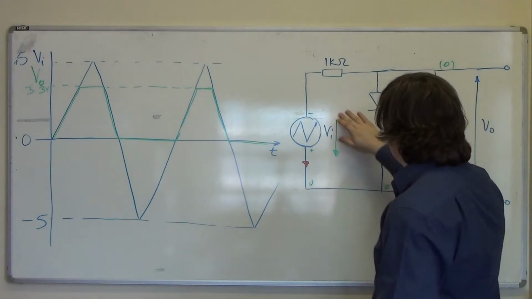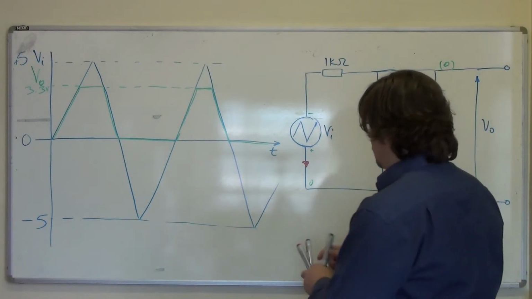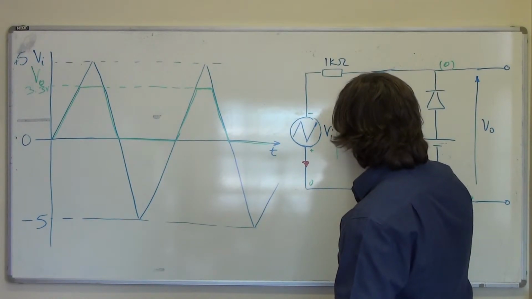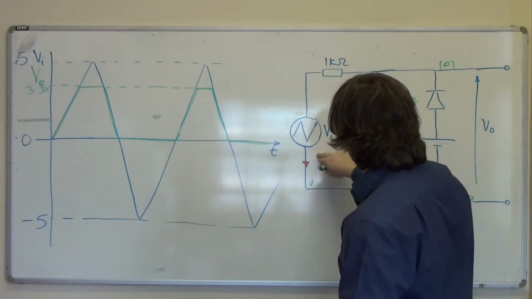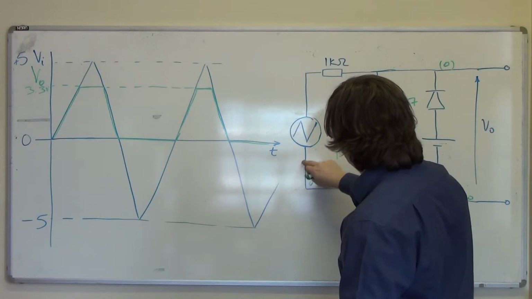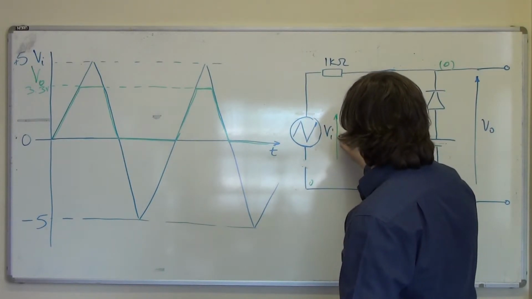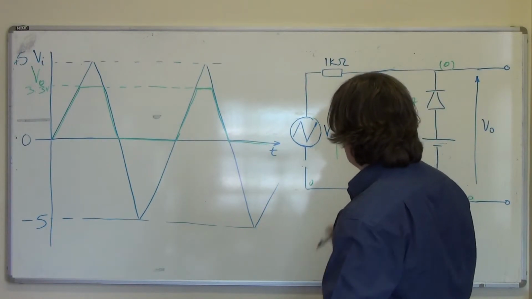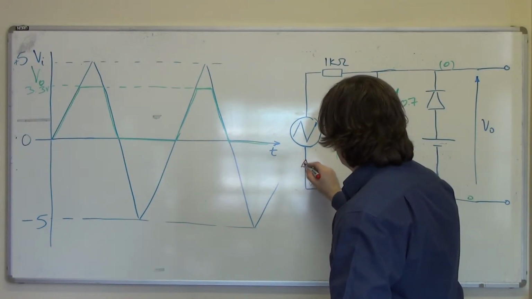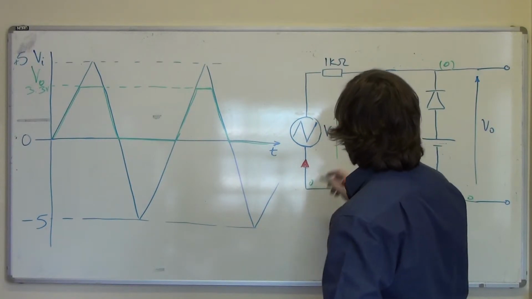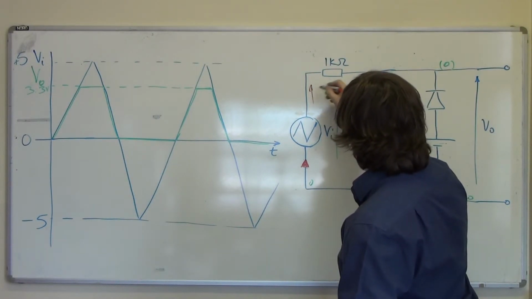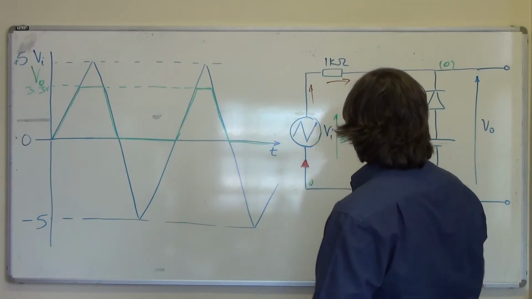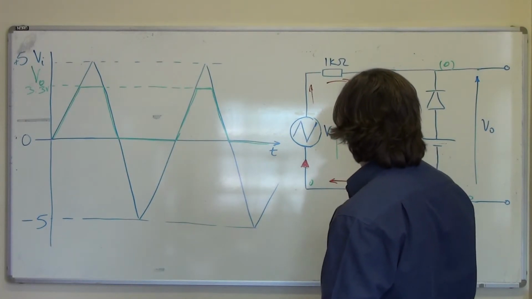Now that's changed direction, and the direction of current's changed as well. So this is going to be 3.3, and current now goes that way up. So the current's going to go up there, round there, down there, round there.